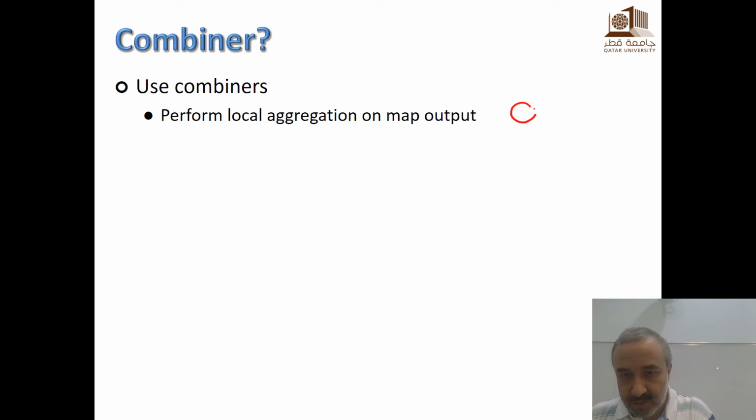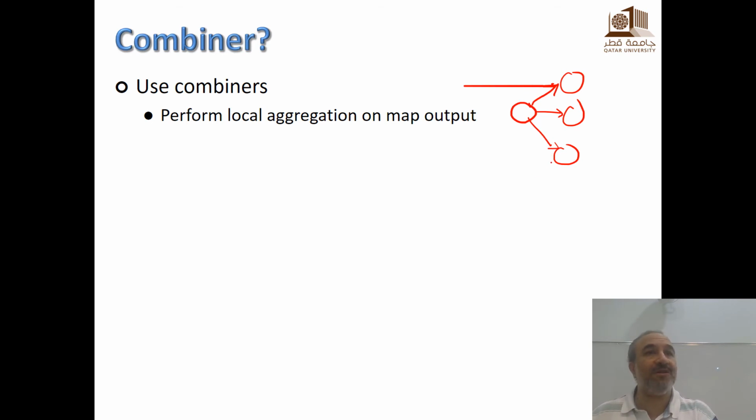This node is emitting intermediate output for its neighbors, right? So let's say that this is X, Y, Z. So there is an intermediate record for X, for Y, for Z. Now let's assume that the map task will process, of course, multiple nodes, right?